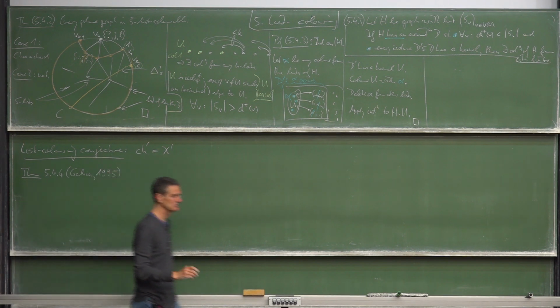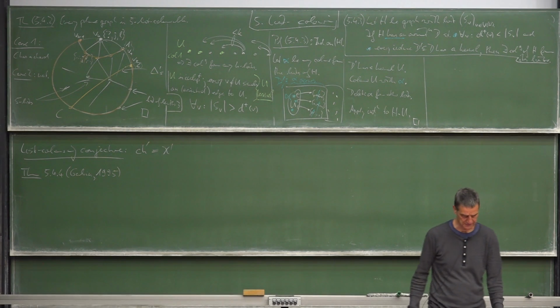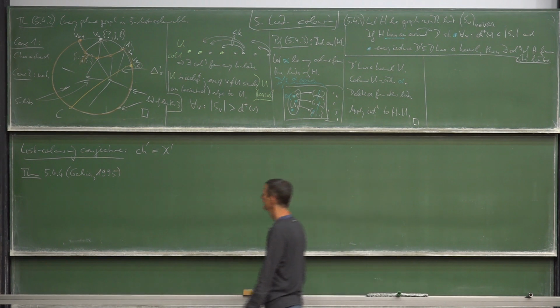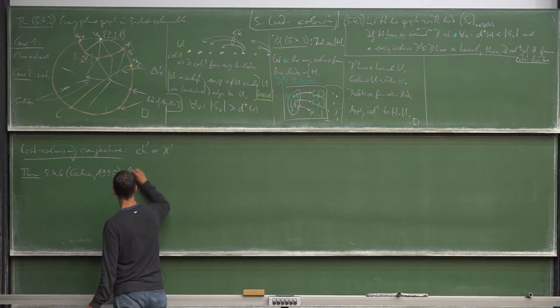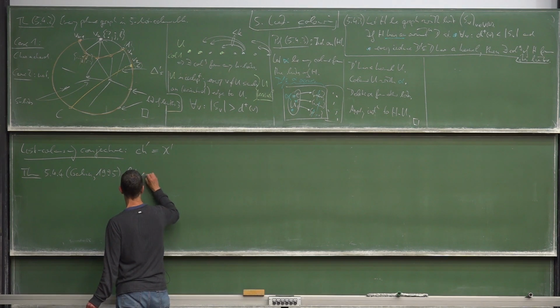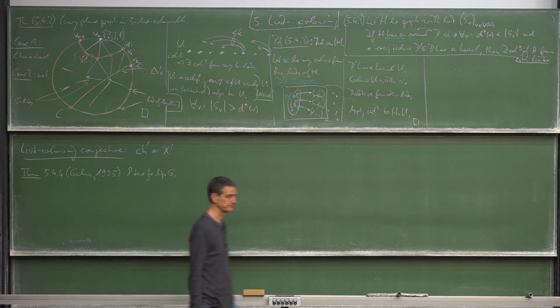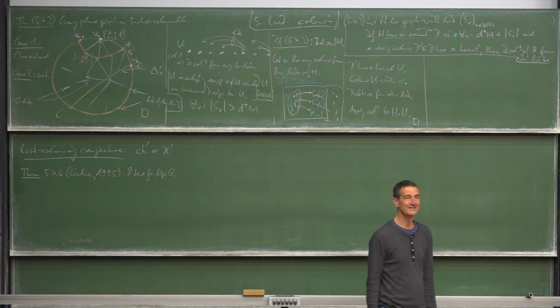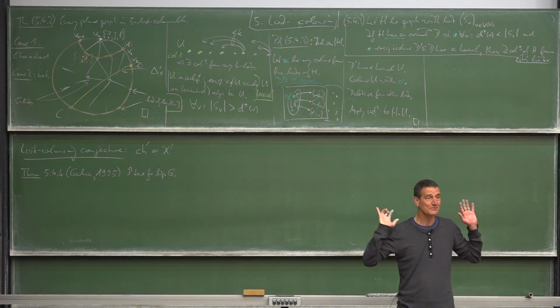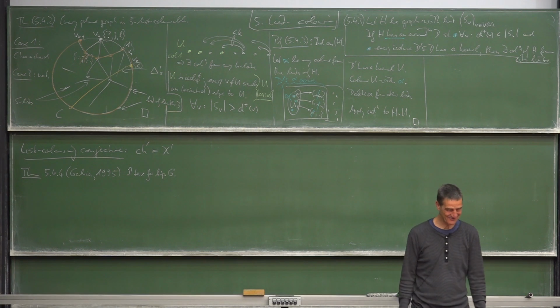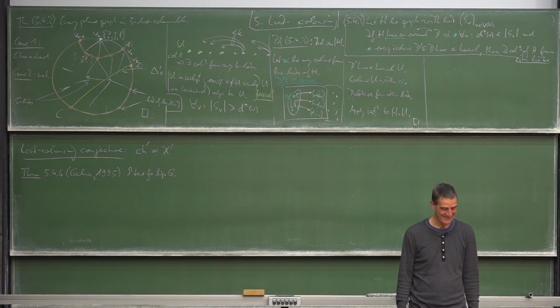Was it 95 or 94? 95. Okay. True for bipartite graphs. Okay, and now comes a totally magical proof. The magic appears only in the last line, but it's really, really, really nice. So let's start on autopilot.